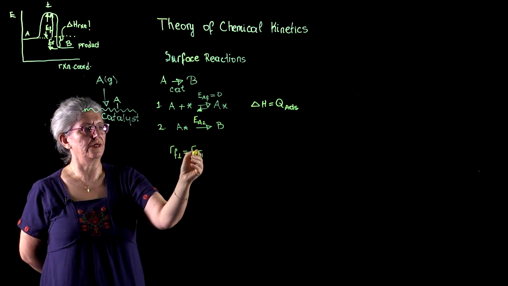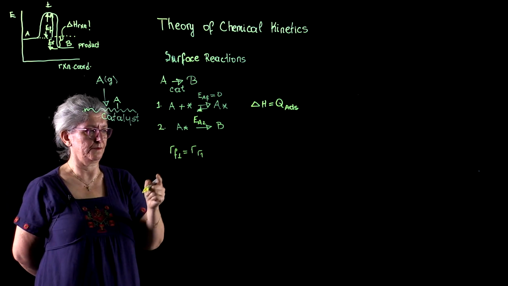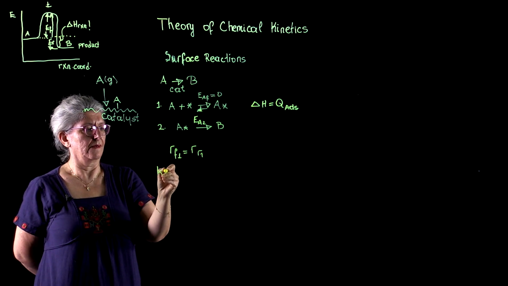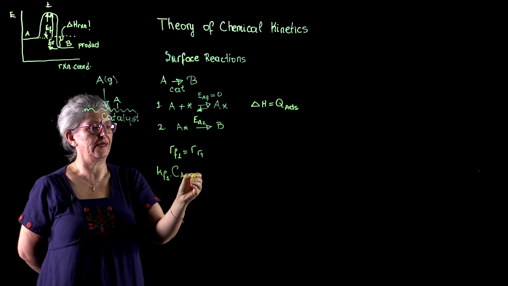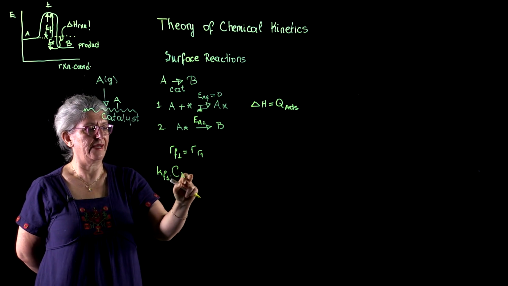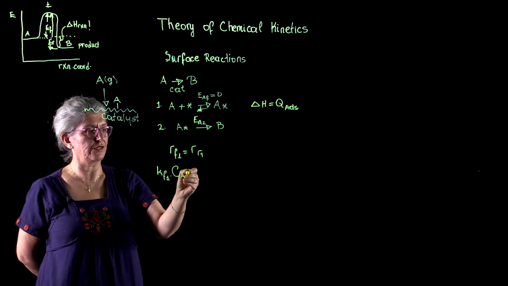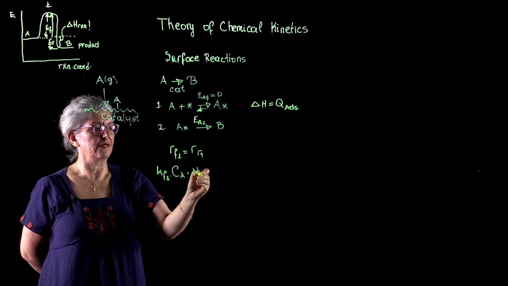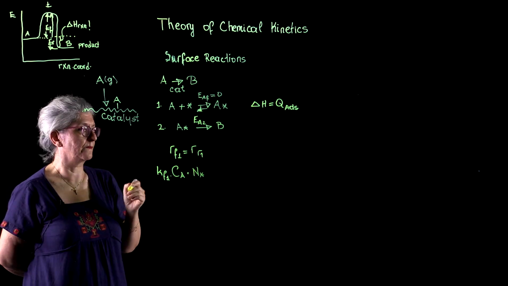It is going to be represented by a rate expression dictated by the elementary nature of the step. And I will write N star to indicate the number of sites that are available.